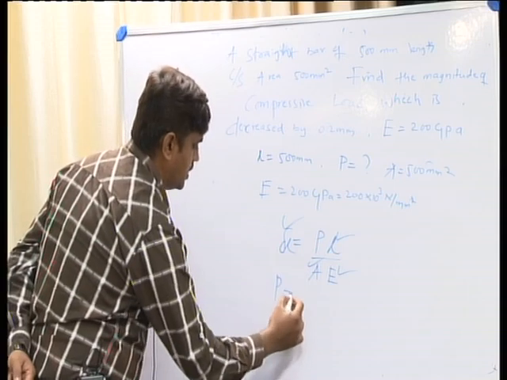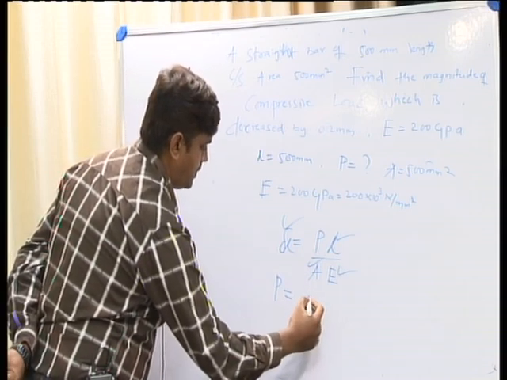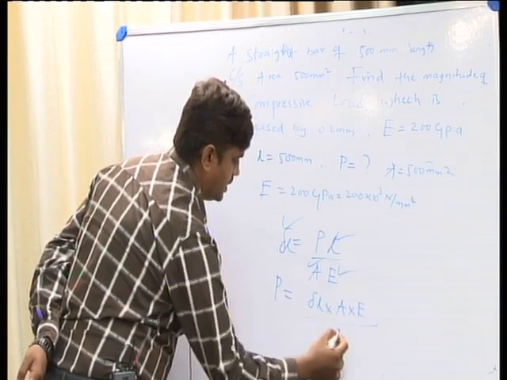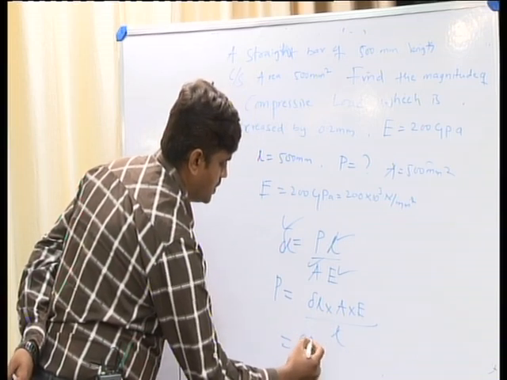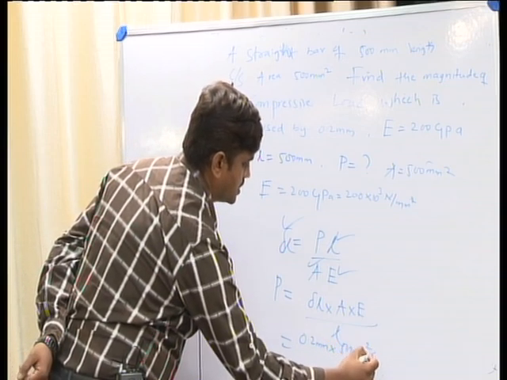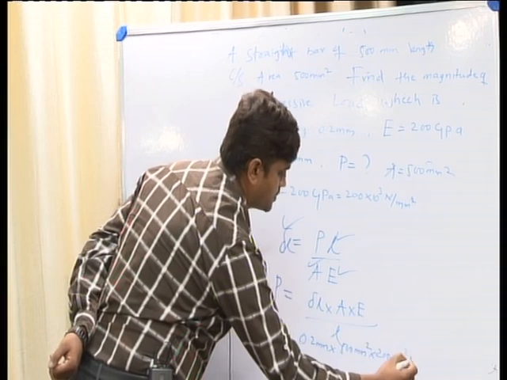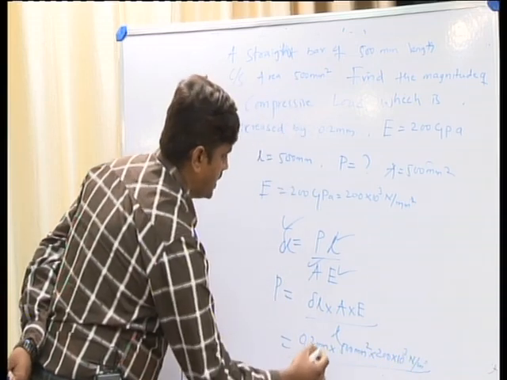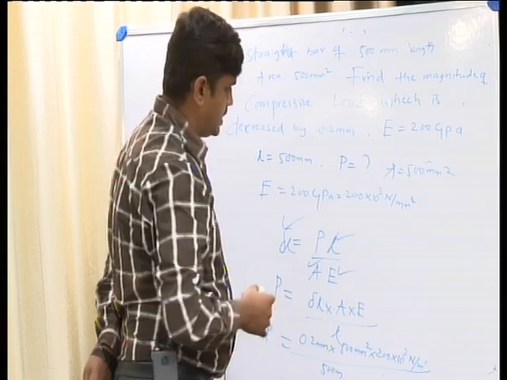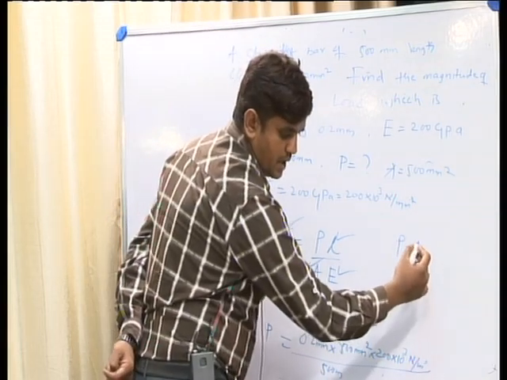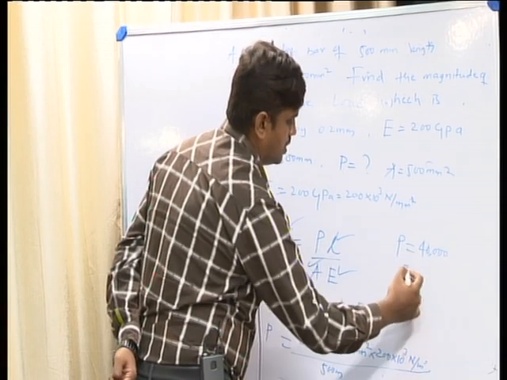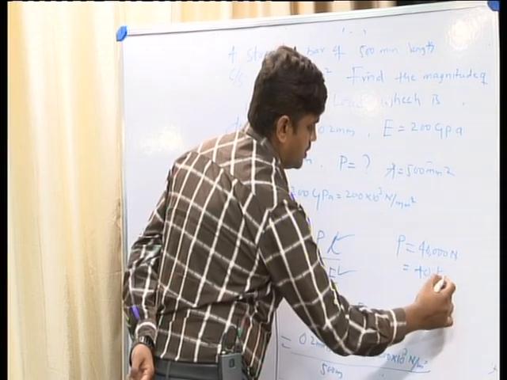We have to calculate P. P is equal to delta L into area into capital E divided by L. After substituting the values, area is 500 mm square, Young's modulus 200 into 10 raised to 3 Newton per mm square, L is equal to 500 mm, we will get P equal to 40,000 Newton or 40 kilonewton.